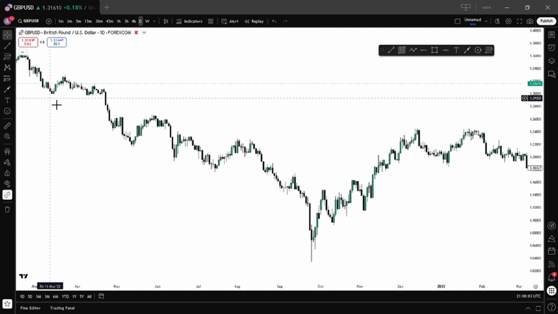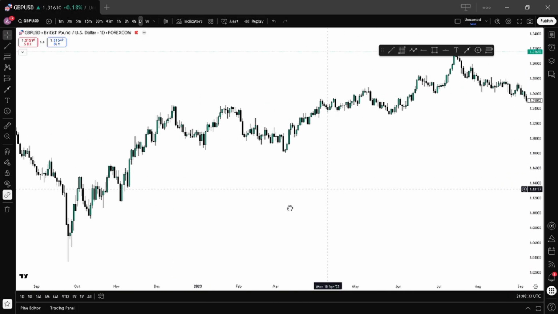This one continues with a lower high, lower low, lower high, lower low. So this is retracement, impulsive, retracement, impulsive, retracement, impulsive, right?